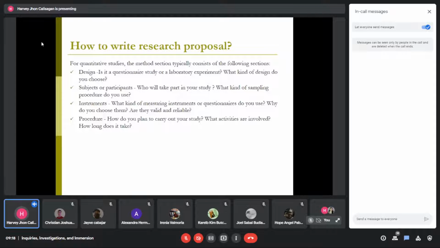Now, when you're creating your methodology, class, especially when you're conducting a survey, you have to make sure that in your questionnaire, you include the age or even the gender of your respondent. Those components are very helpful when it comes to interpreting, because there will be differences in the answers, especially when we go back to the definition of what ethnicity is.